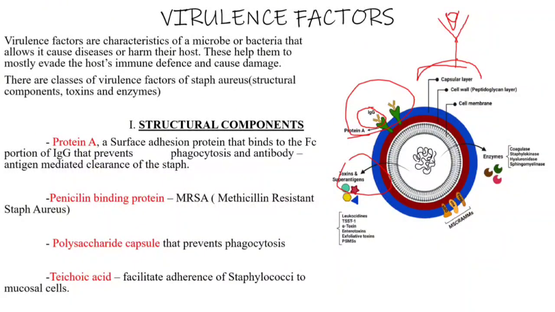Then we have what we call penicillin binding protein. Simply put, the peptidoglycan layer of bacteria cross-links, let me demonstrate it here. So for example, let's say this is the peptidoglycan layer of the bacteria, and it looks like this.